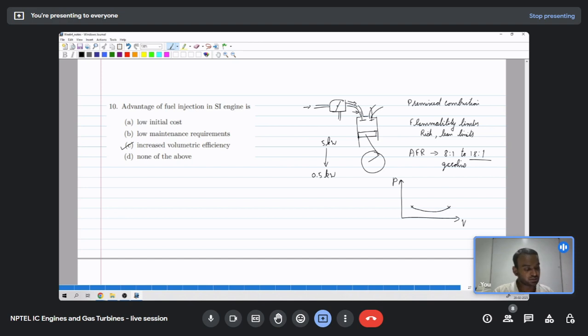And if we have the throttle restricting the flow, we will have further reduction in the pressure. And during the exhaust stroke, we will have a slightly higher pressure than the atmospheric pressure, and the area in this loop is called pumping loss.